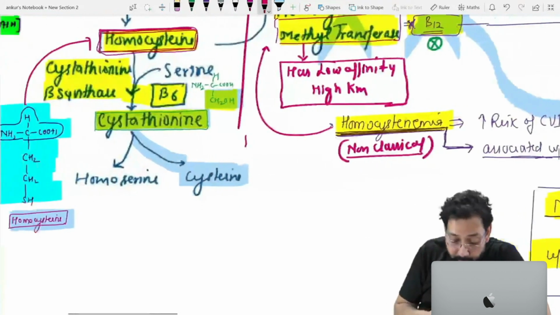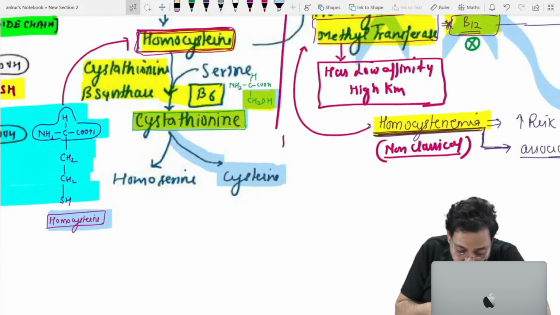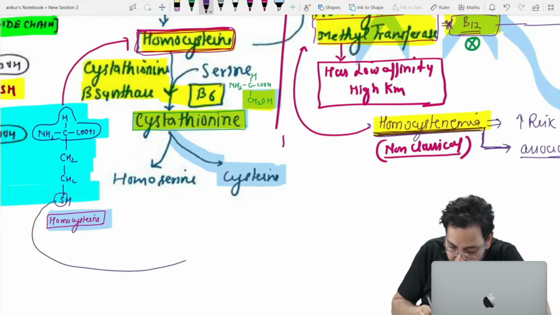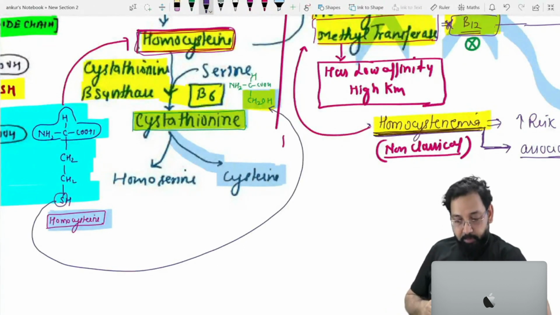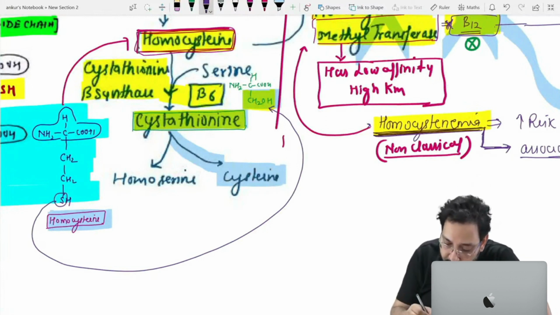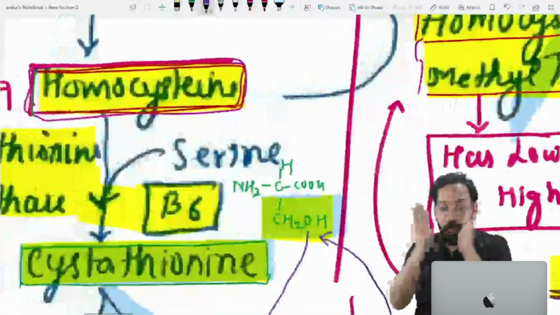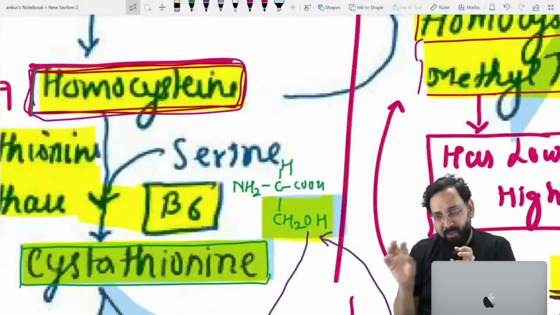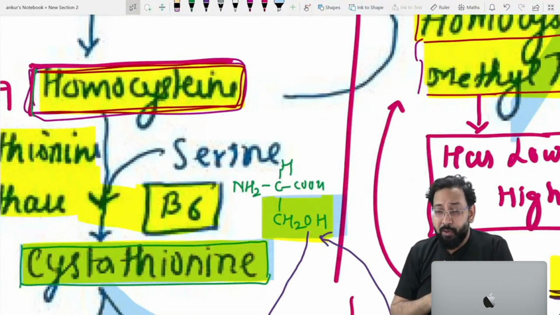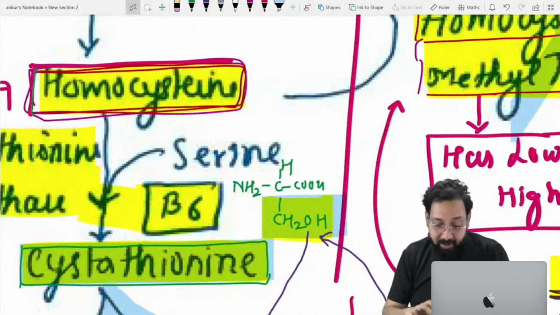If you look at the screen, if I transfer this sulfur to serine, and this oxygen is given to homocysteine, they join together, serine and homocysteine. Homocysteine says to serine, take my sulfur. Serine said, yes, I like sulfur, my name is S, I will like S. So serine took sulfur.